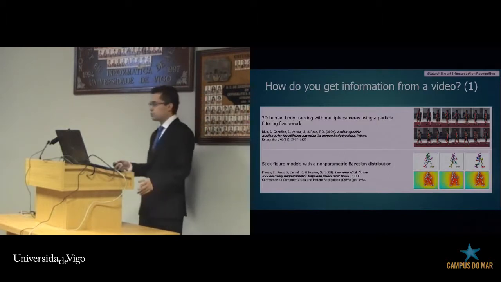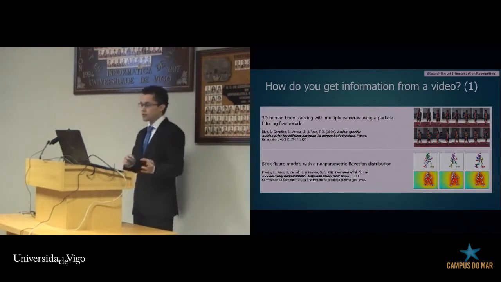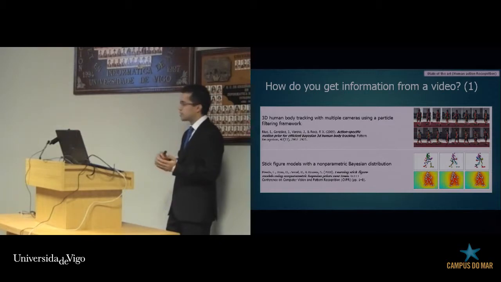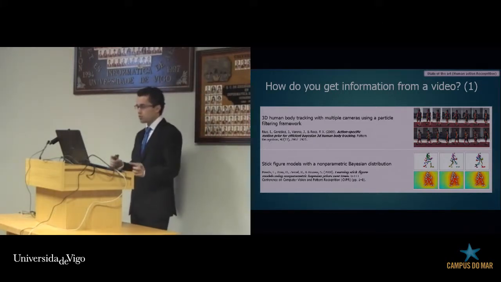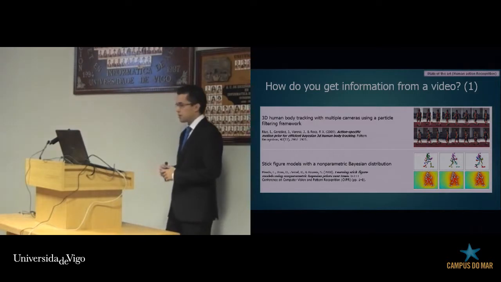I would like to do a brief overview of the state of the art, because there are different important jobs, so I will only talk about them briefly. For example, the first is 3D human body tracking with multiple cameras using particle filtering.